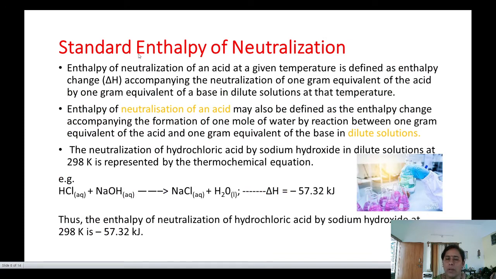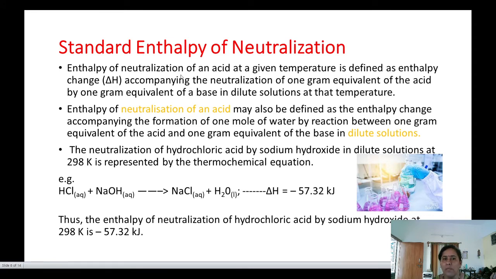Now, the third point. This is a very simple point. We have seen it in practical work, while carrying out the neutralization titration. That is the standard enthalpy of neutralization. What is meant by standard enthalpy of neutralization?